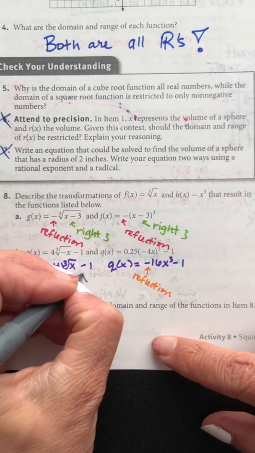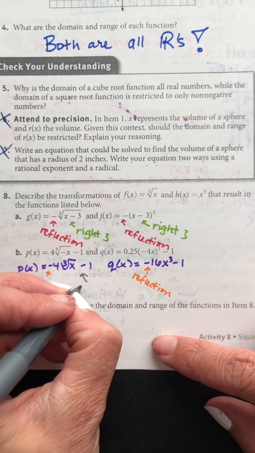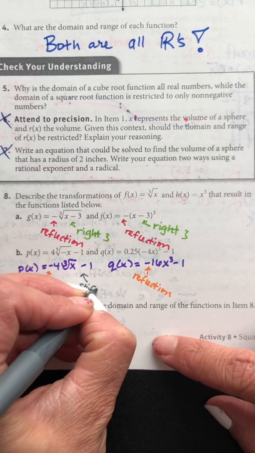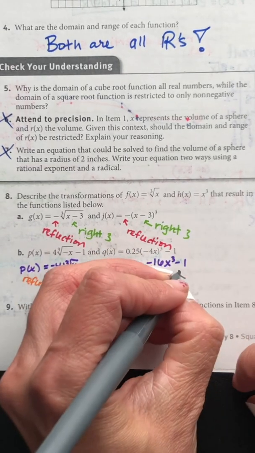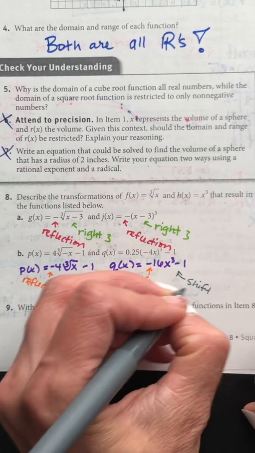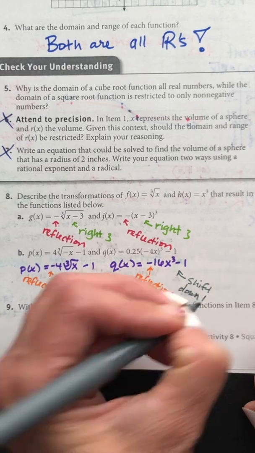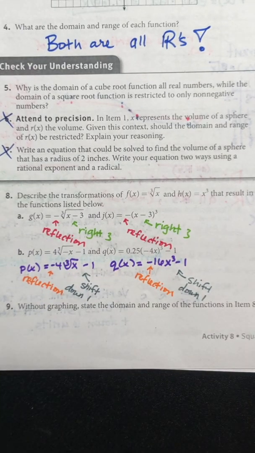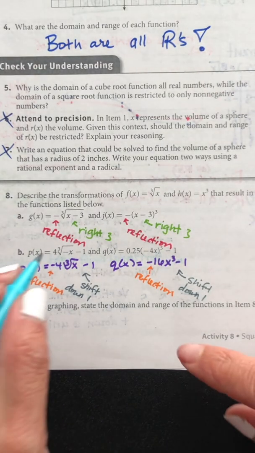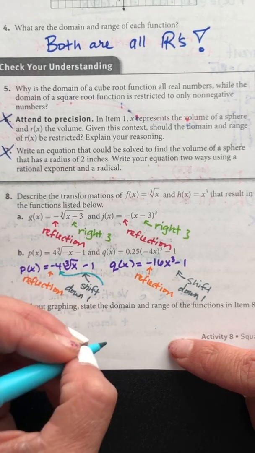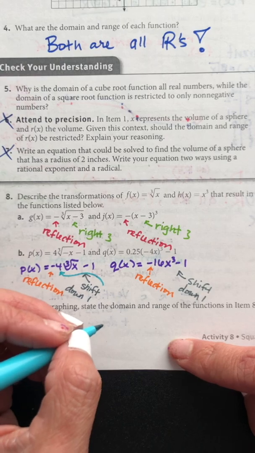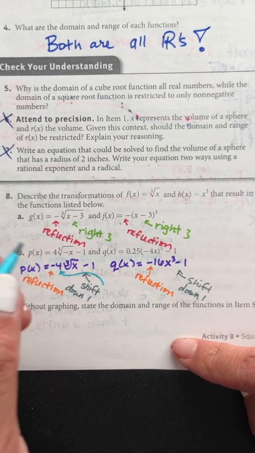And speaking of shifted down 1, let's identify that. So this is a shift down 1 unit. Shift down 1 unit, and that's it. Oh, one more thing, I almost forgot. There's a number out front. So can I squeeze an arrow in there? Yeah, this one has a 4. 4 is bigger than 1, so that means it's a vertical stretch.